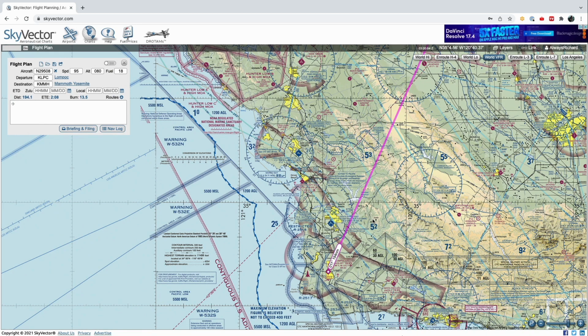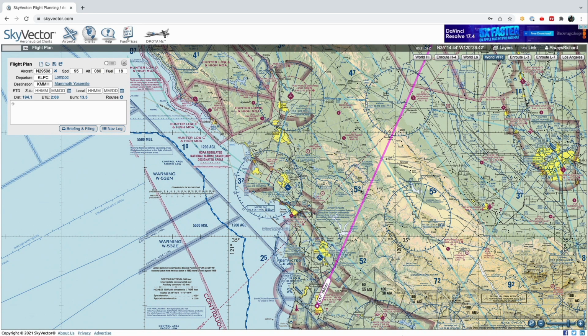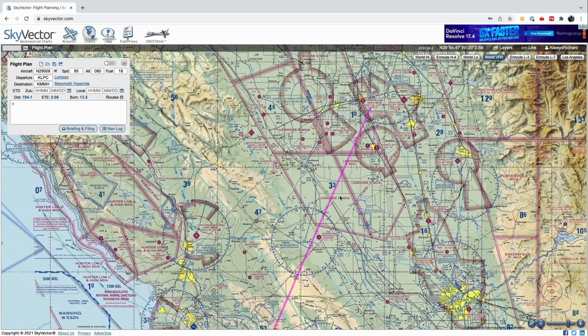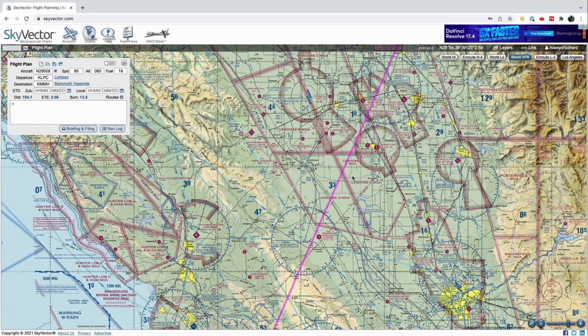You just have to be aware that those obstacles are around there and avoid them if you can find where they are. This one is 5,300 feet. And then you can continue up here. It's 3,300 feet here, 4,700 feet here. I'm not too worried about that sector.